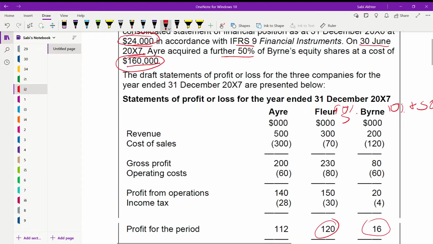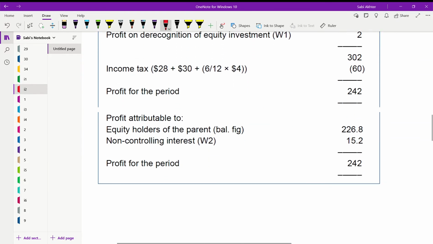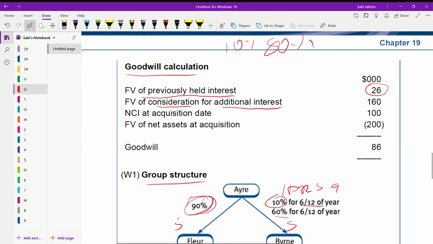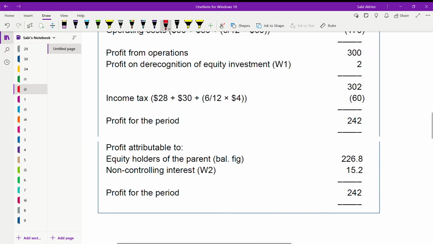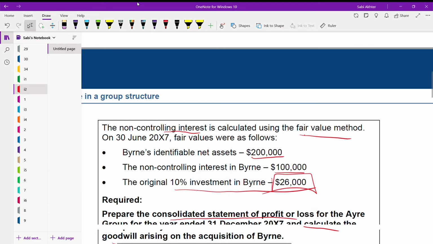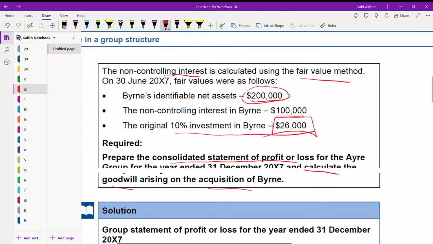Okay. You need that because at that time only he is having the control. So you are taking that for additional interest. NCI at acquisition is already given at fair value, and fair value of net assets is also given, 200 at acquisition. It is given here. That's the reason we skipped many of the workings. Net assets we didn't have to calculate, and there was no unrealized profit in this question, so we didn't have to calculate all those things.